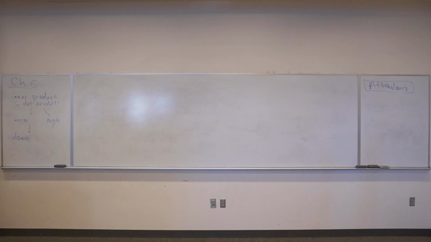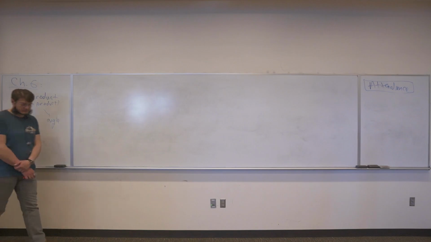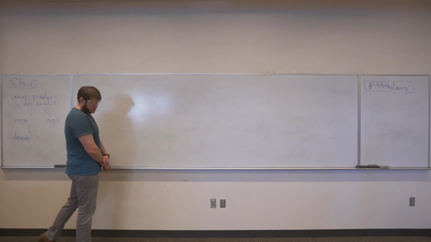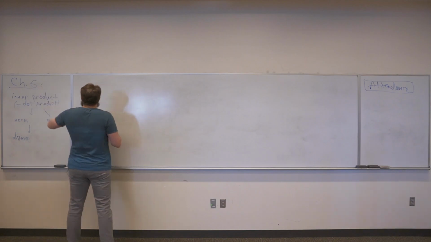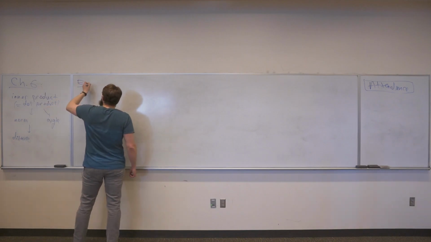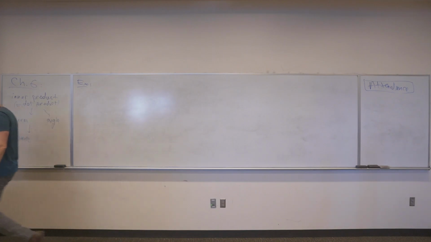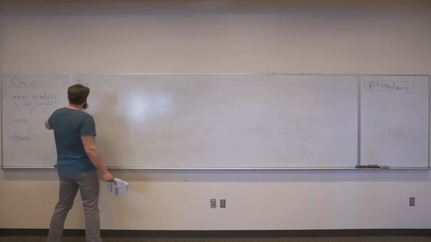Thinking if I should give the general definition first. Because we had already defined dot products, maybe I'll write it first, just to remind you. So here's an example. Say you have these two three-dimensional vectors.